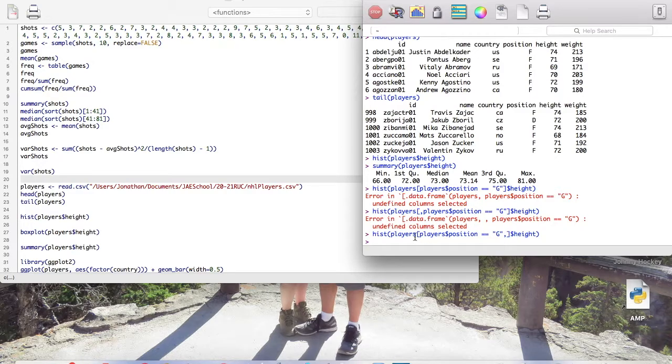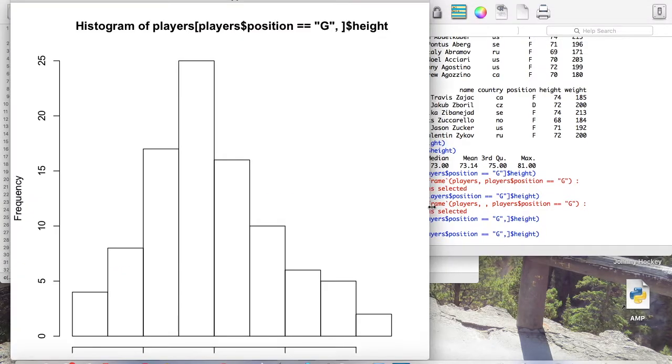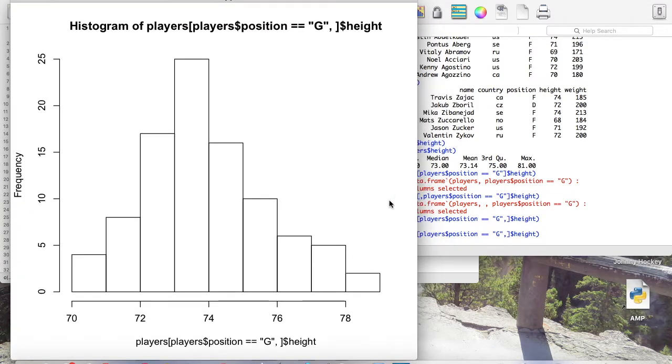So what this is doing is saying, give me the subset of the players data frame that only looks at the players who have a G for their position. So look at all of the goalies and then call a histogram on the height for those goalies. There. Okay.